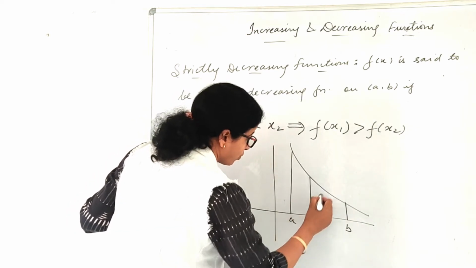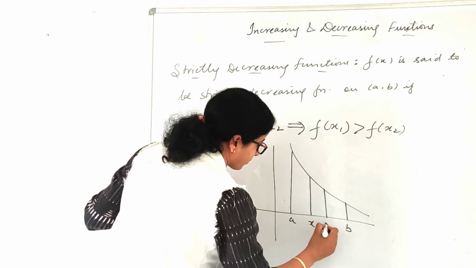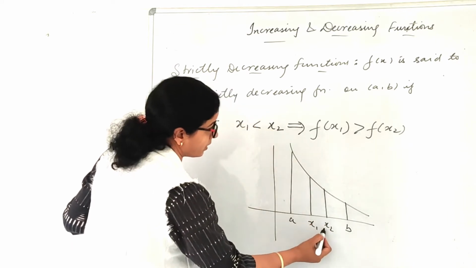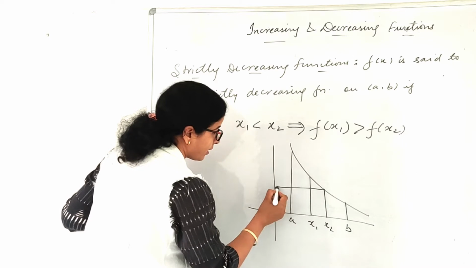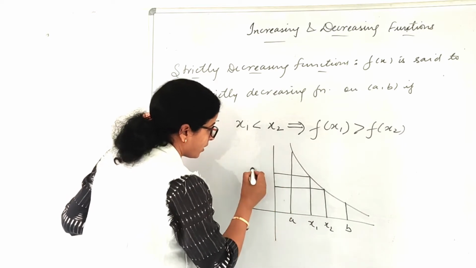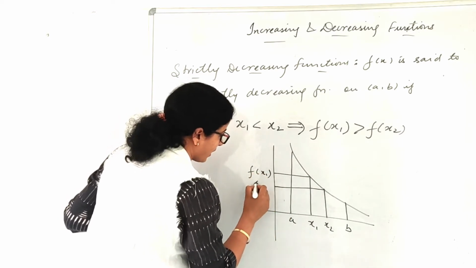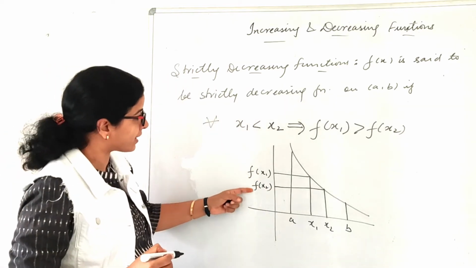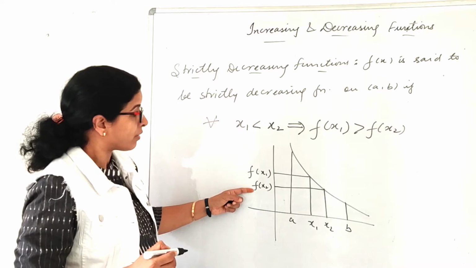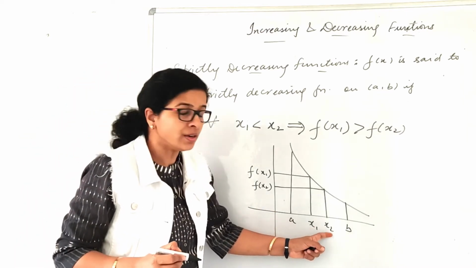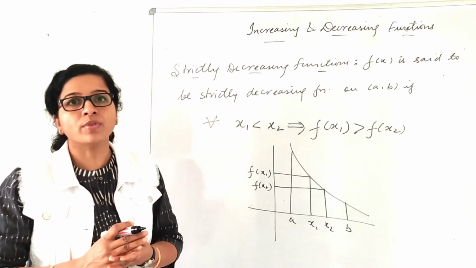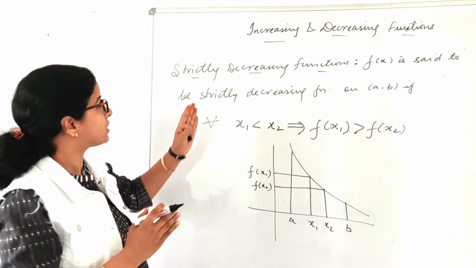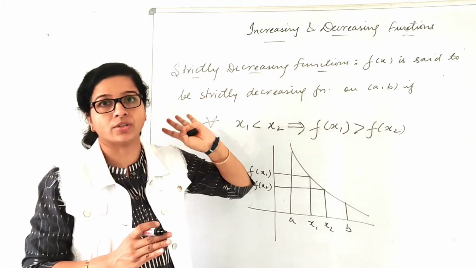Let us consider 2 points x1 and x2. x2 is greater than x1. Now if we check, here is my f(x1) and here is my f(x2). In this case, my f(x1) is greater than f(x2), whereas my x1 is less than x2. So such types of functions are known as strictly decreasing functions.